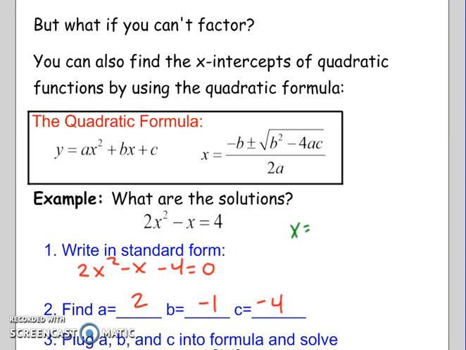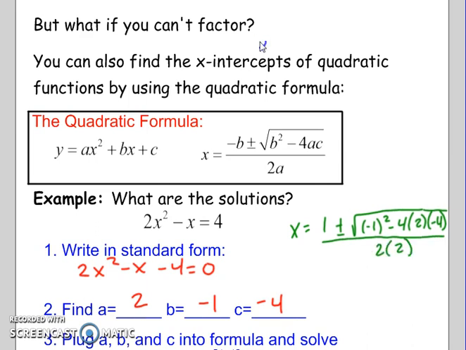Okay, so now we're going to plug this into the quadratic formula. So x equals negative b. And since b is already a negative 1, we're going to make it a positive 1, plus or minus the square root of b squared, so negative 1 squared, minus 4 times a times c, all over 2 times a.